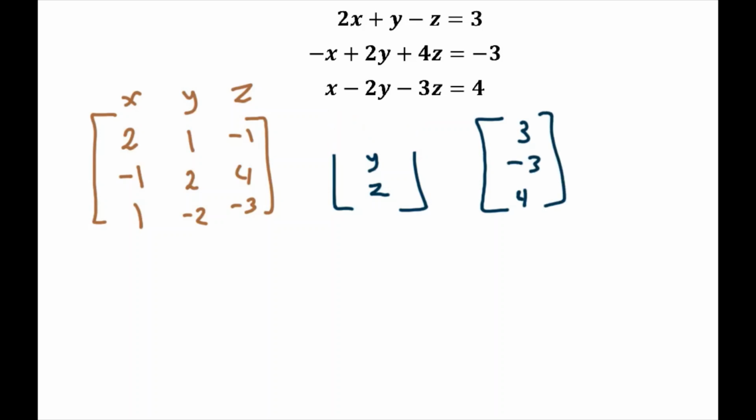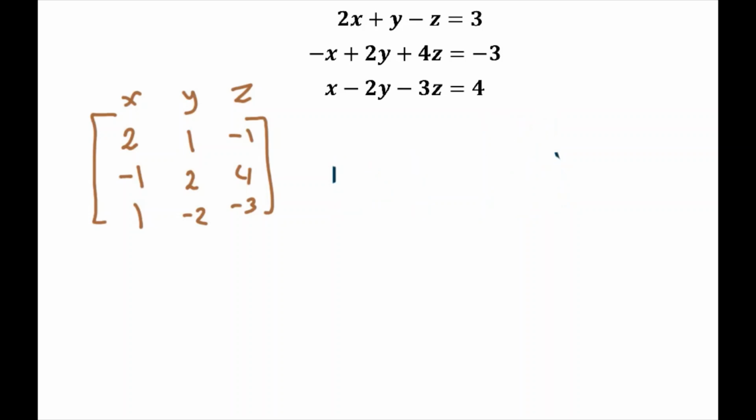Since we call it determinant method, we're going to use the determinant to solve the system, and for the determinant we can use these two lines to represent the determinant. Now, in order to find the determinant, we are going to use this method. We are going to copy the first two columns and put them out.